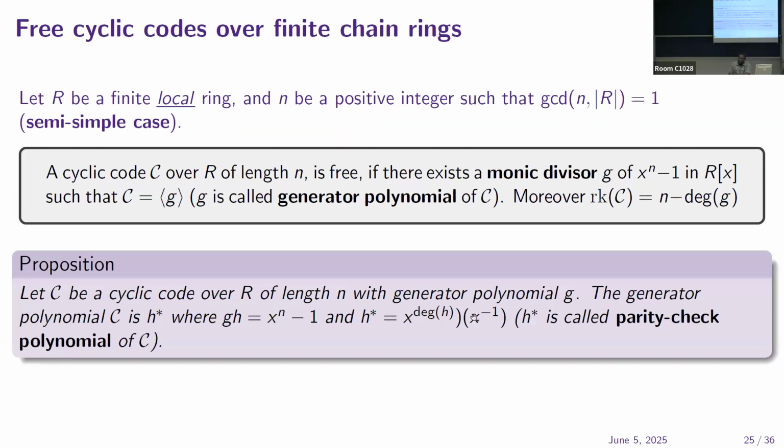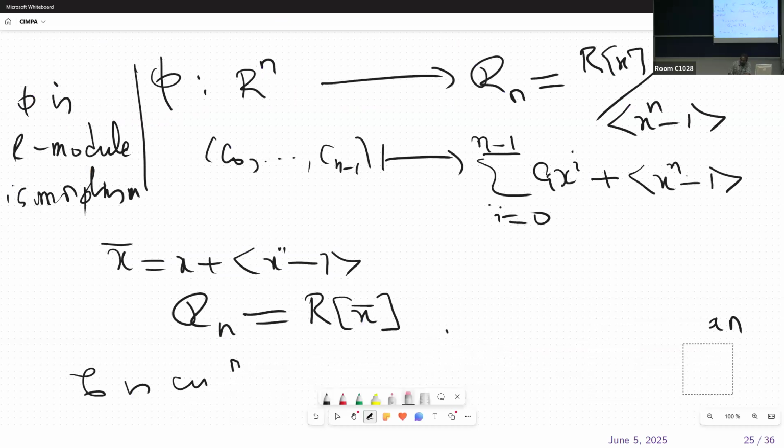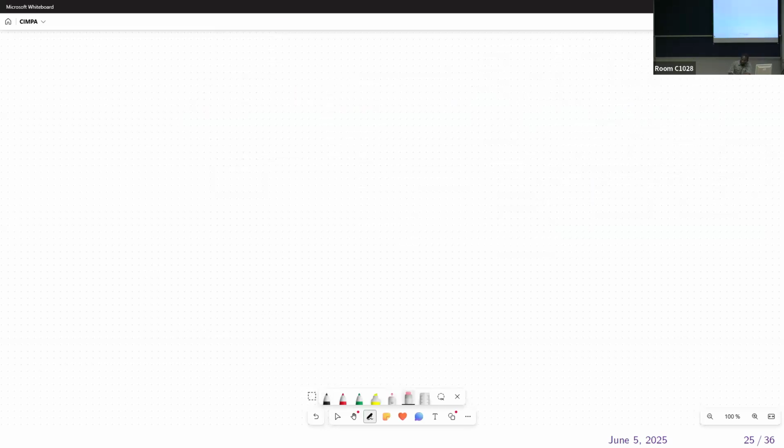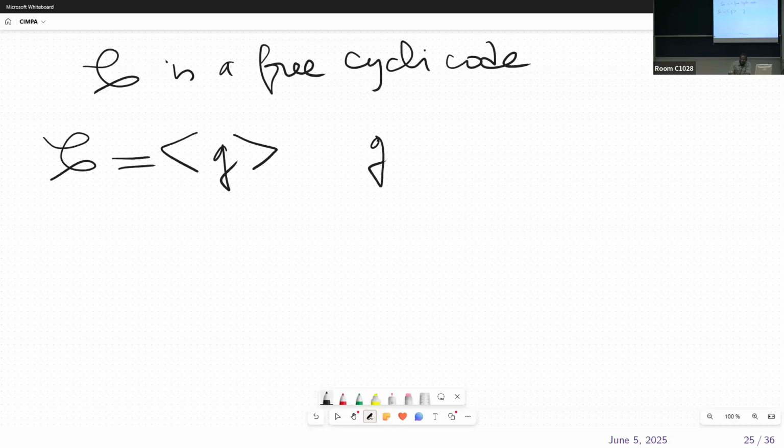Let C be a free cyclic code. In this case, C is generated by d, the monic divisor of x^n minus 1, a free code of length n.